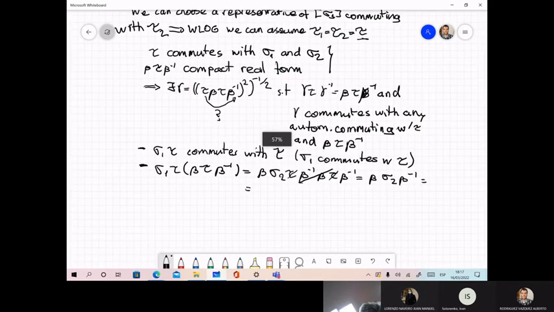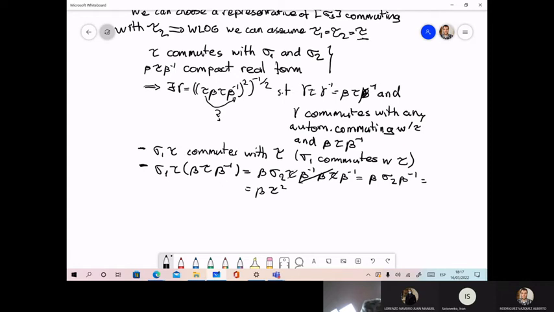And we continue here. We leave the tau squared here, and we now use that tau commutes with sigma 2 to pass one to the other side.